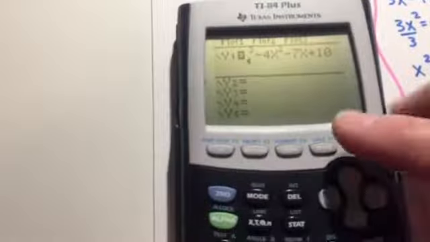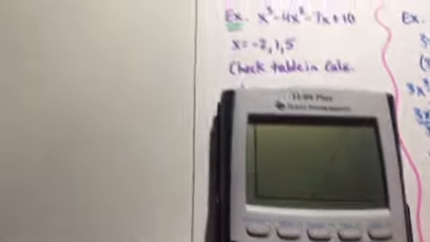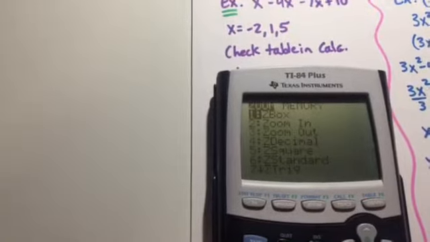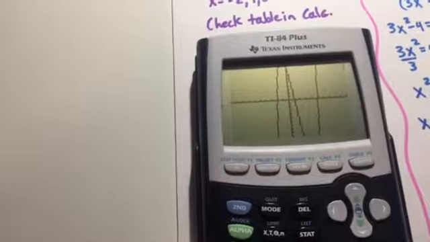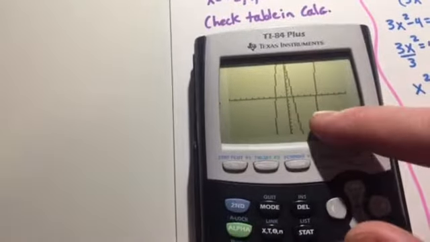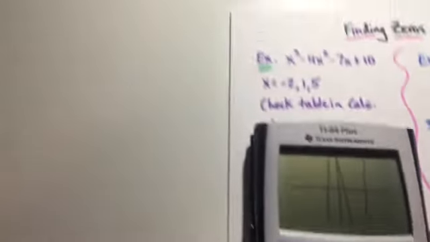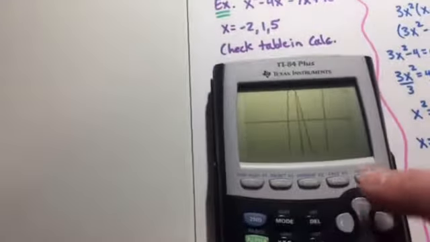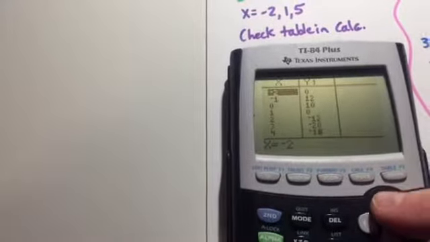When we look at our graph of this polynomial, let me go back to my regular window. It looks like it's touching at regular tick marks. So -2, 1, and 5 look hopeful here. We can look at our table and check to see if those are exact, and they are.